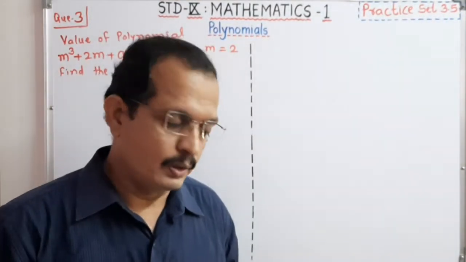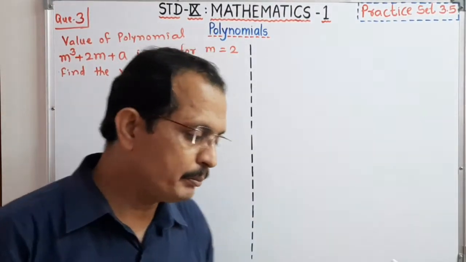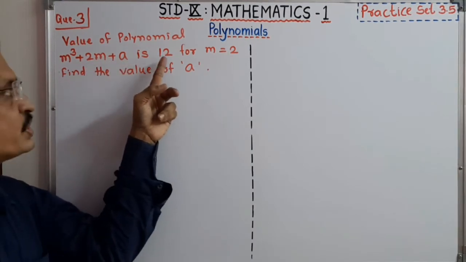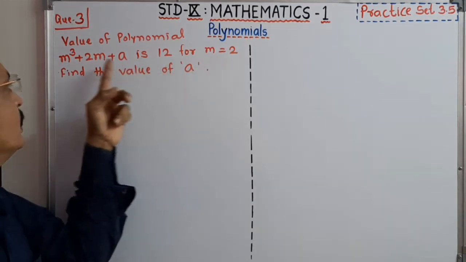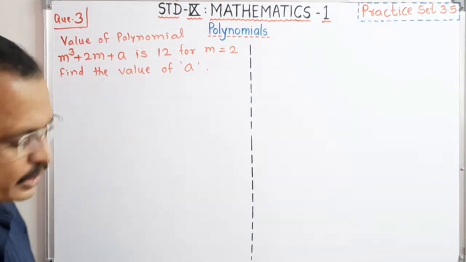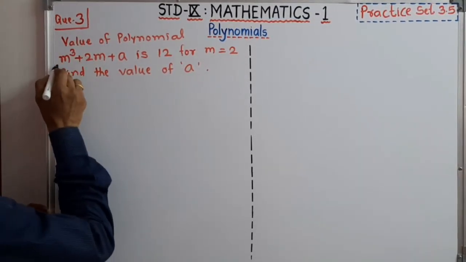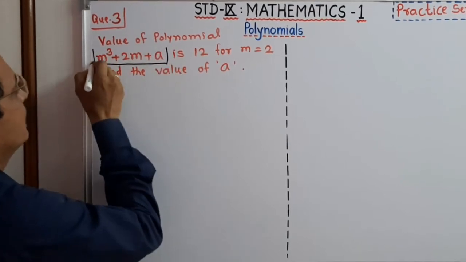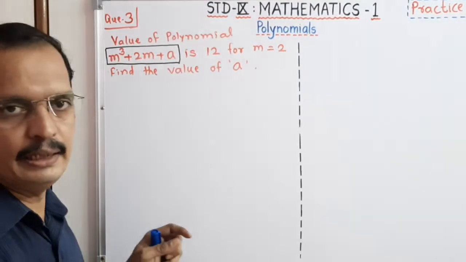Question number 3. If the value of polynomial m cube plus 2m plus a is 12 for m is equal to 2, then find the value of a. Dear student, see here, one polynomial is given, m cube plus 2m plus a.